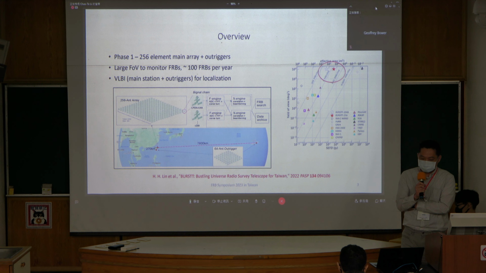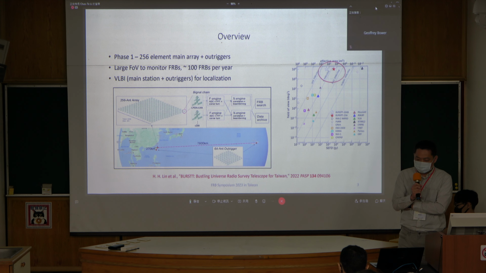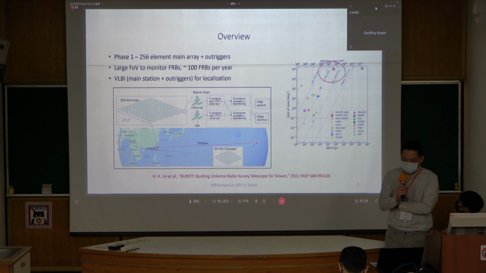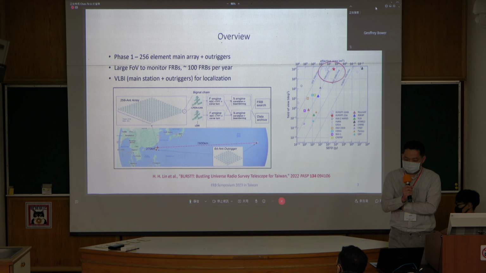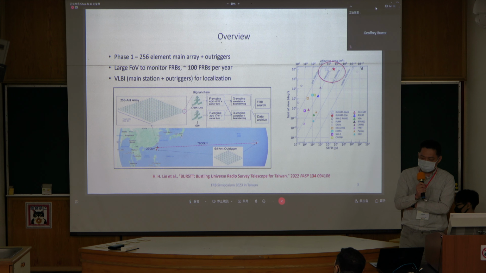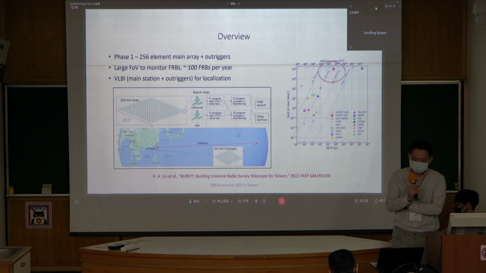In phase one, we plan to set up a main array with 256 elements, together with several outrigger stations. In the parameter plot on the right, BURSTT is in the large field of view region to monitor more sky.